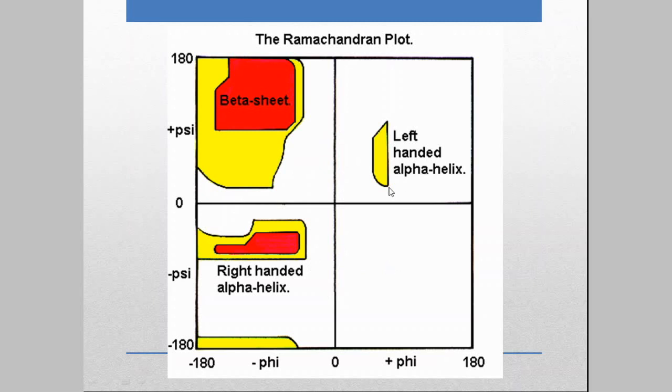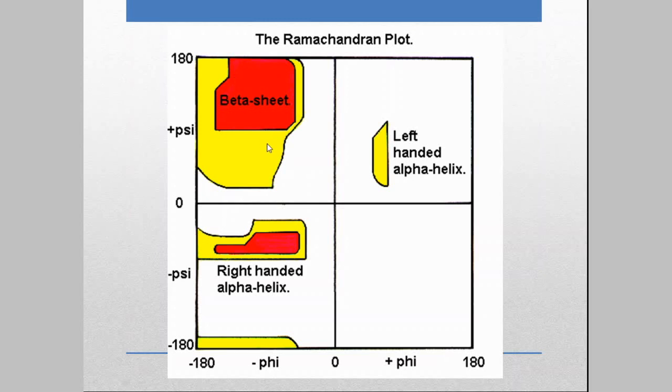Now I told you the example of glycine, which has a high freedom of rotation. Glycine can lie anywhere on this plot just because of that. Because it lies anywhere, even if it lies in the disallowed region, we cannot say that the structure conformation is not stable or is weak, just by looking at glycine.